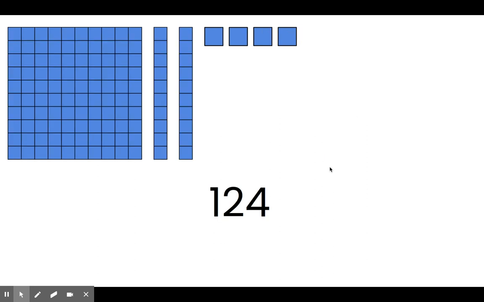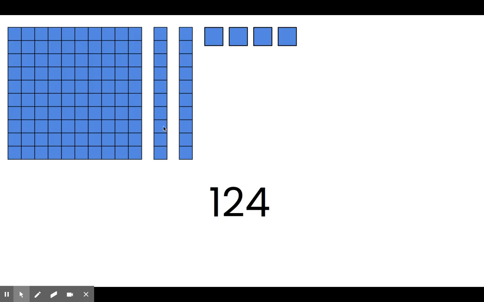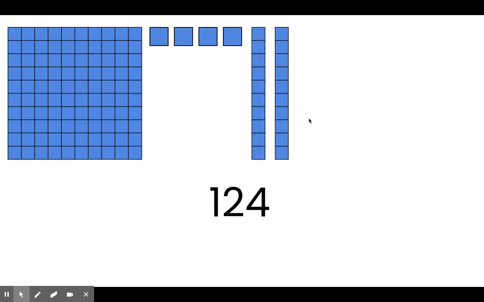So maybe we could trade those 2 groups of 10 for 10 sticks. Now, this is a faster way to get to 124. Let's count it together. 100, 110, 120, 121, 122, 123, 124.